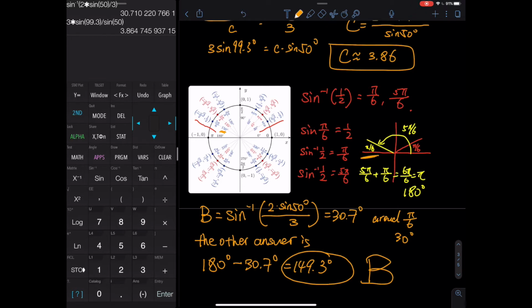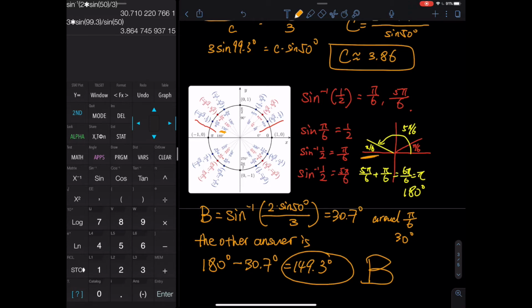Is this possible? Is this a possible answer? Based on the theory, yes, there is 149.3. But if you put this degree into our oblique triangle, is that possible?